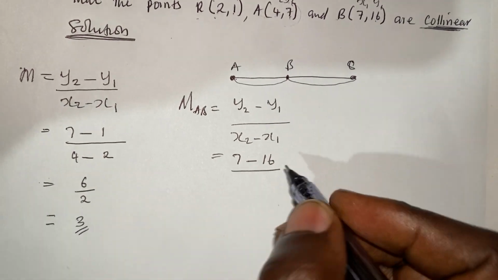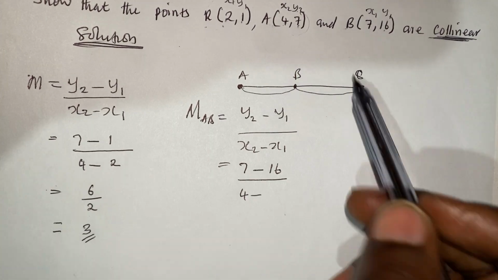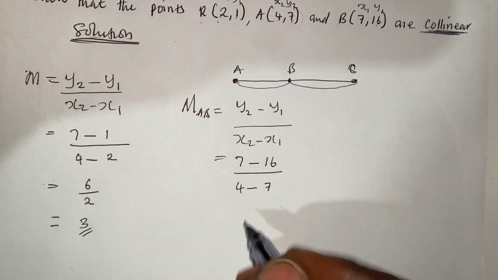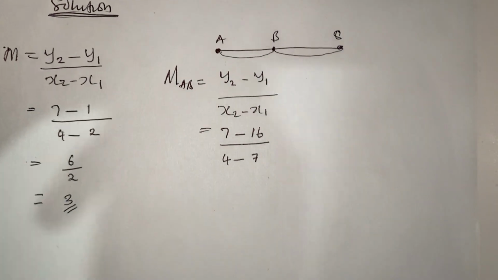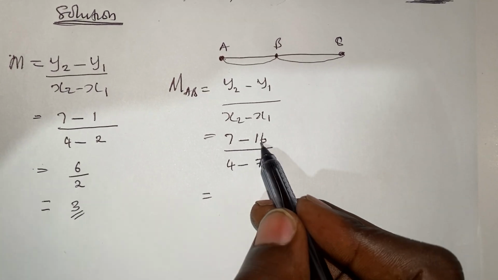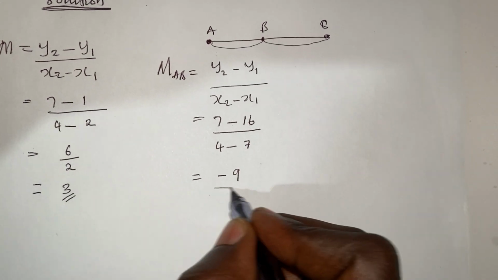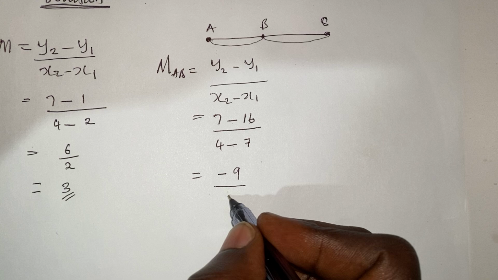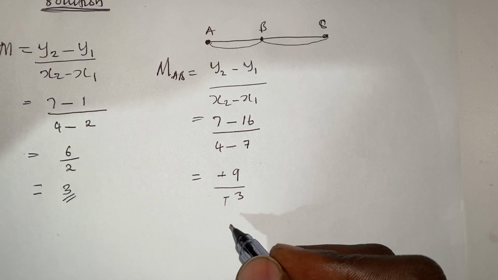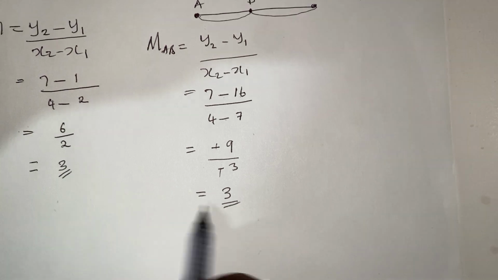So minus 16 over x2, which is 4, minus x1, which is 7. So minus 7. Then from there, we can now subtract. So I have 7 minus 16, which is negative 9, over 4 minus 7, which is negative 3. And negative and negative, they will cancel. 9 over 3 is equal to 3. So as you can see, we still have the same gradient.